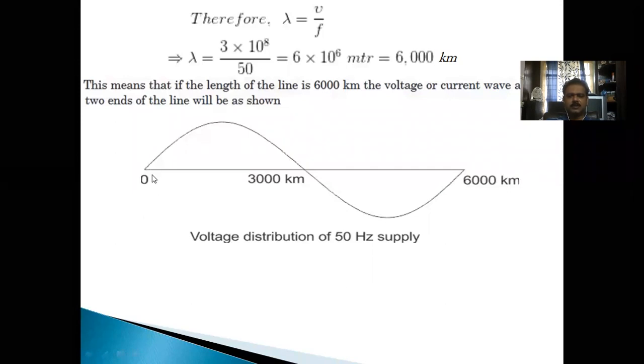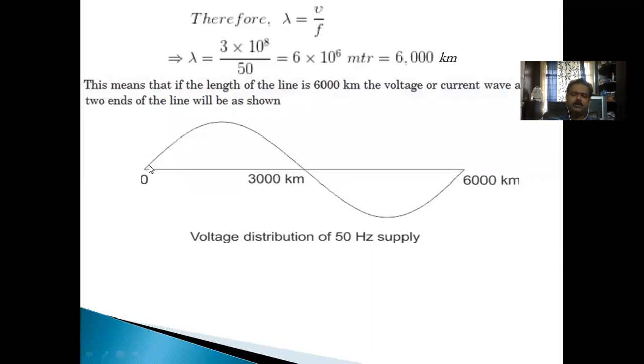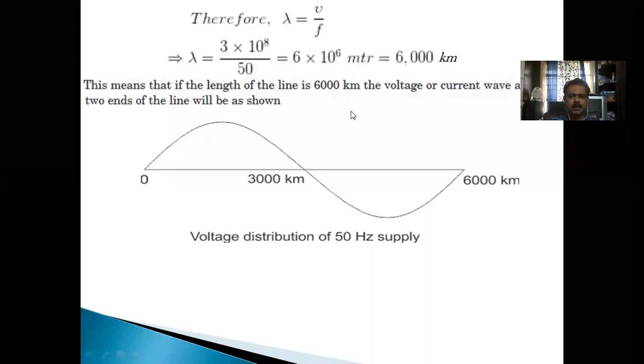There is not much difference in performance calculations, that means efficiency and regulation. That's why we go for lumped parameters while representing a medium or short transmission line up to 160 kilometers. The voltage or current variation is almost the same, so we can go for lumped parameters instead of distributed parameters.